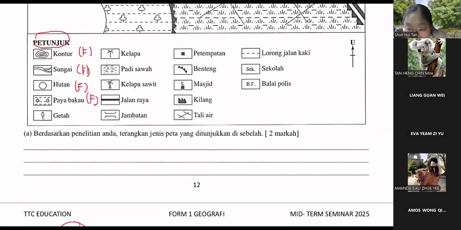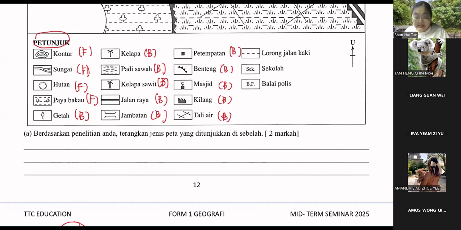How about getah? Getah is not. Getah is budaya because we are the ones who plant it. Same goes with kelapa sawit. We plant it. Padi, we plant it. Budaya. Basically, the leftover is all budaya, right? All man-made. Okay, I just wrote it for you. All man-made. Understand?